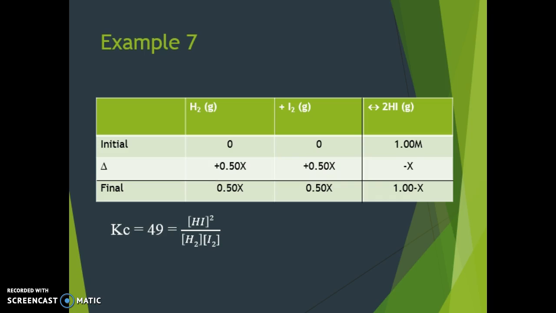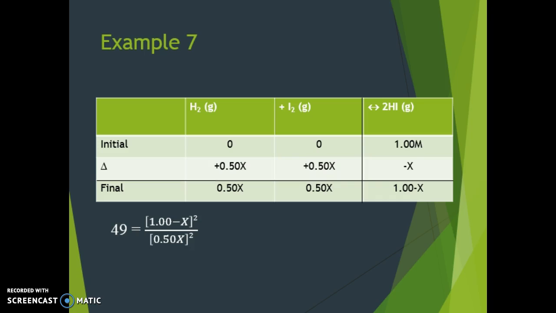We can start to fill in with a little bit more additional information. So that would be (1.00 minus x) squared divided by 0.50x times 0.50x. Again, we can start to clean up that equation and start to work toward algebra and solving. So I simplified it to 49 equals (1.00 minus x) squared divided by (0.50x) squared.